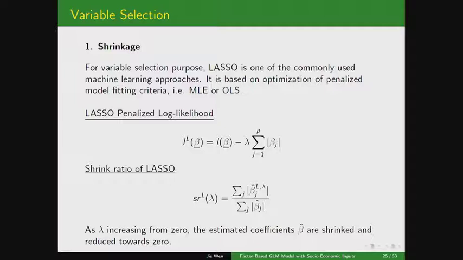If lambda is equal to 0, then the shrink ratio is equal to 1. Once lambda increases from 0 to a larger size, the shrink ratio is going to be smaller than 1. If lambda is big enough, the shrink ratio is close to 0. As lambda increases from 0, the estimated coefficients beta hat are shrunk and reduced towards 0.